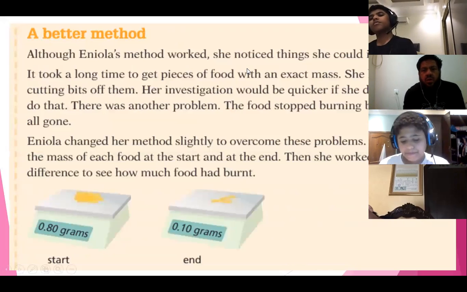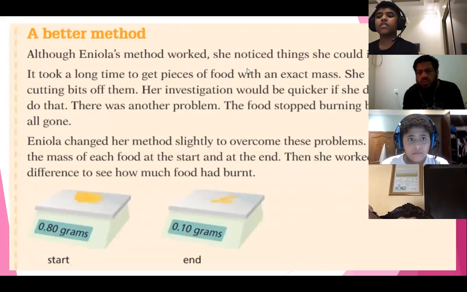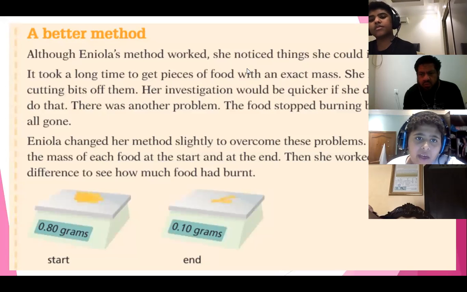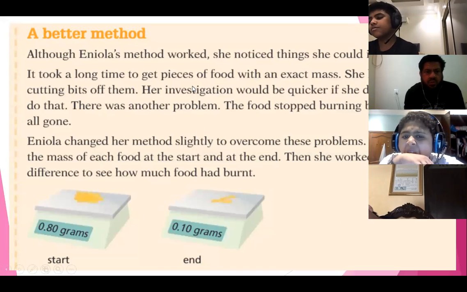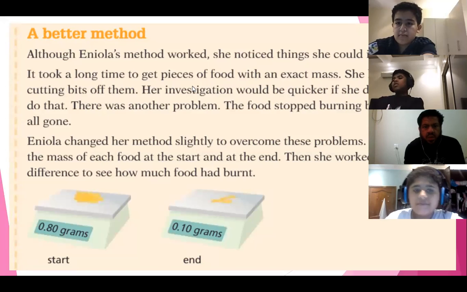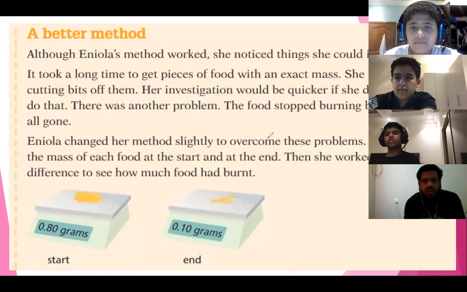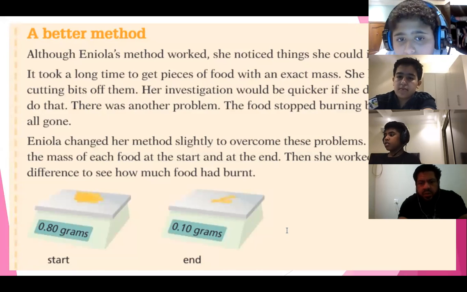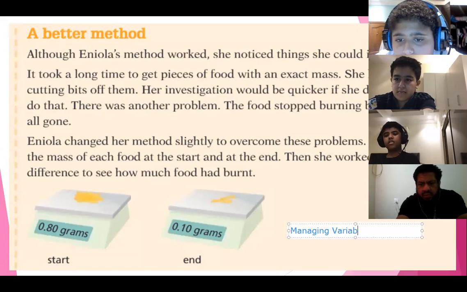This one. Okay, so Mufti, Muhammad Mufti, you have the mic. Would you like to read the slide? Mufti, are you with us? Hold on, there's a guy coming in. Let me admit. This is the title, Sami, Managing Variables.